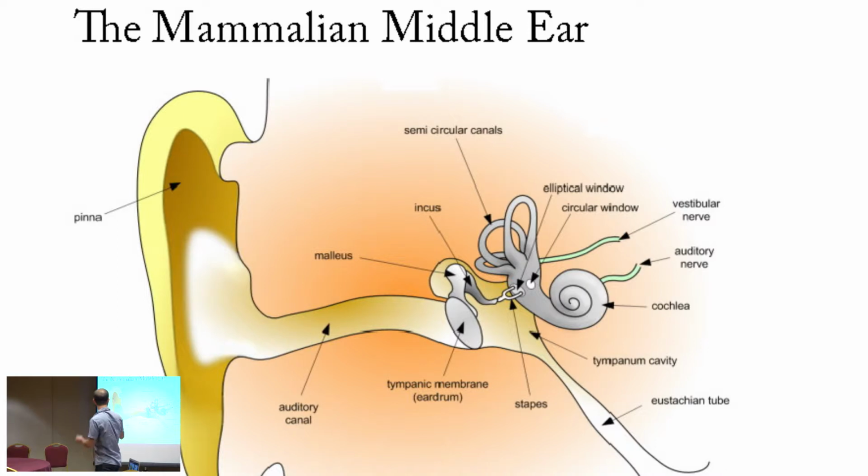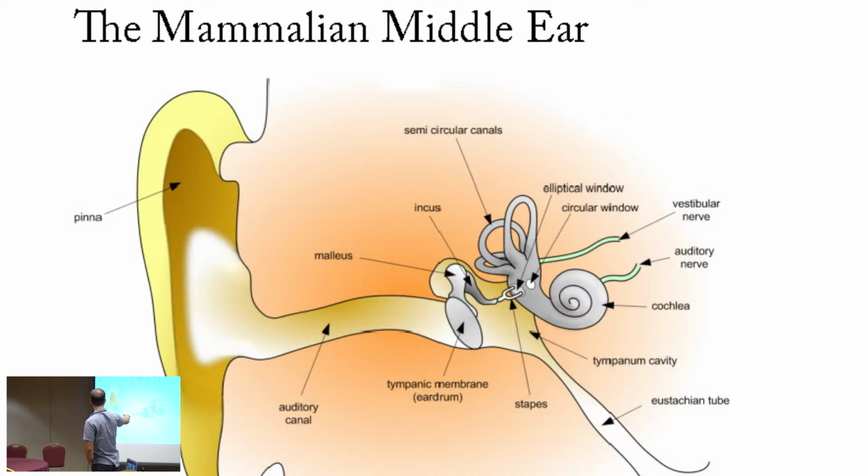So this is the mammalian, or more specifically the human, middle ear. The way sound is transduced is it comes through the outer ear. Vibrations are collected in this auditory canal, and then it vibrates the tympanic membrane.